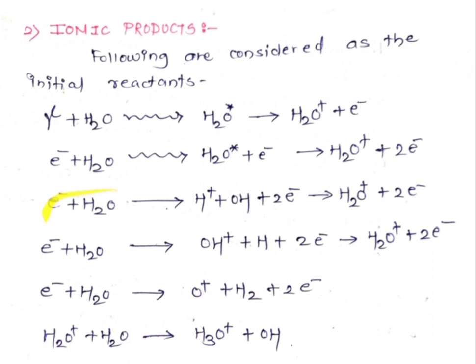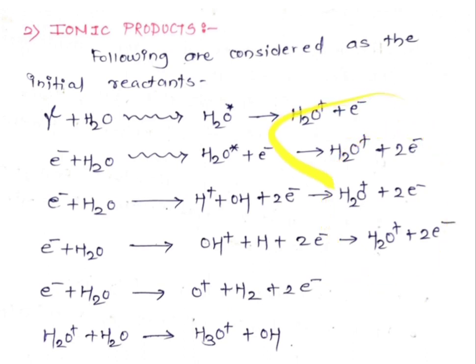Again, when an electron interacts with water, certain final products will be formed, like H plus, OH plus twice electrons. It gives H2O plus twice electrons. Then again, when water interacts with an electron, there is a formation of OH plus H plus twice electrons. Then there is a formation of H2O plus twice electrons.